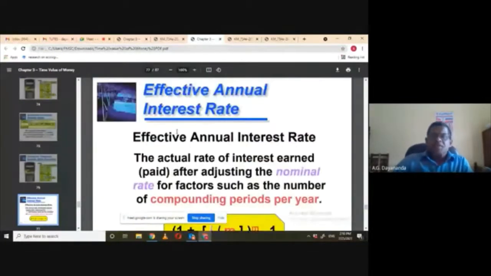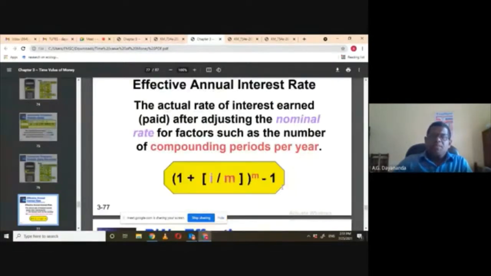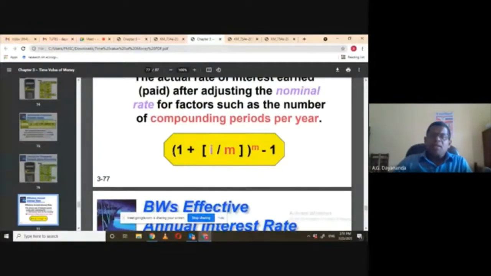This effective annual interest rate is the actual rate of interest earned after adjusting the nominal rate for factors such as the number of compounding periods per year. This is how you calculate it: 1 plus I, where I is the interest and M is how many times you are compounding per year, minus 1.